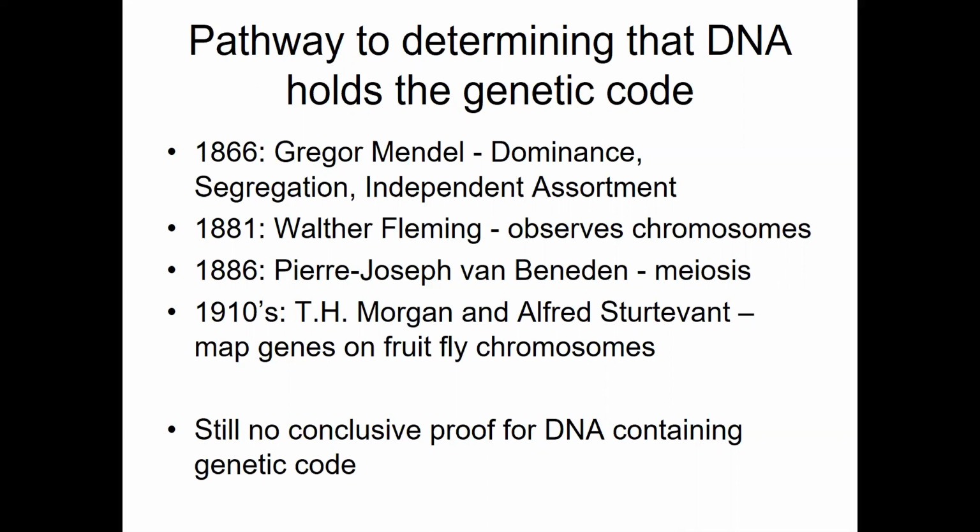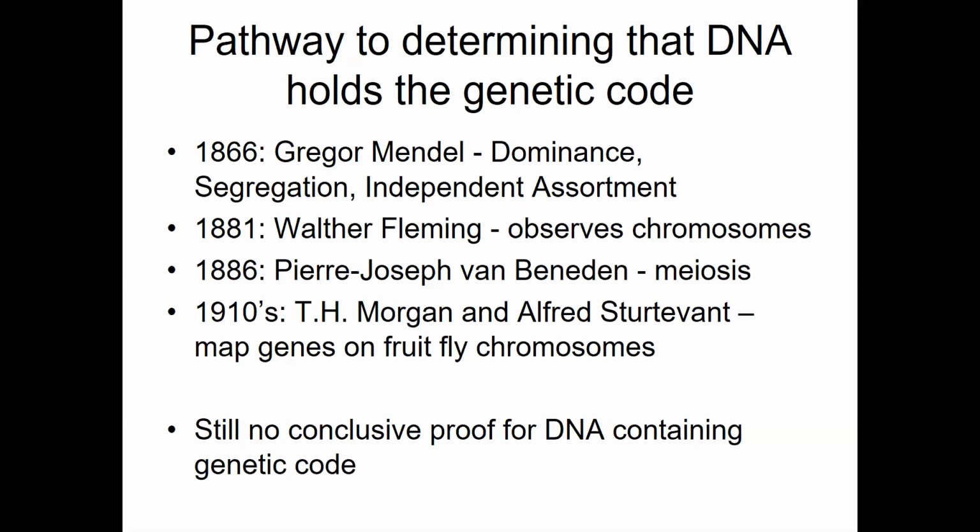Now, on top of that, once they found these genes that were linked on the same chromosomes, they realized that recombination can occur. And this way, by looking at the recombination frequency between two linked genes, they were able to actually go and map out the locations of specific genes on chromosomes of fruit flies.